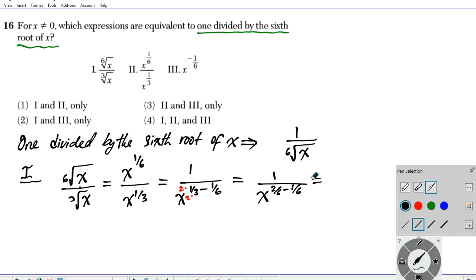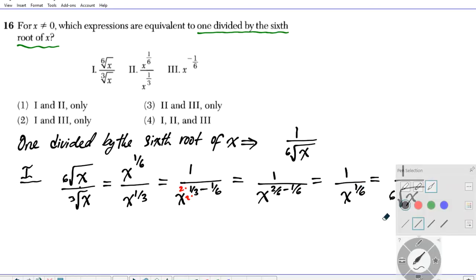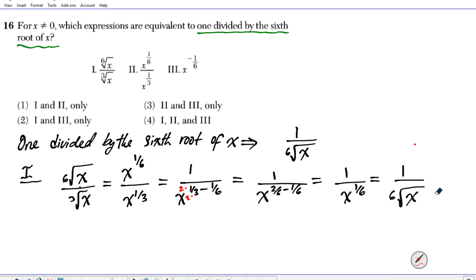When we subtract, we'll end up with 1 over x raised to the 1/6 power. Okay? And then this can be expressed as 1 over the 6th root of x. And that's exactly what we have here. So that tells us that option I is correct.